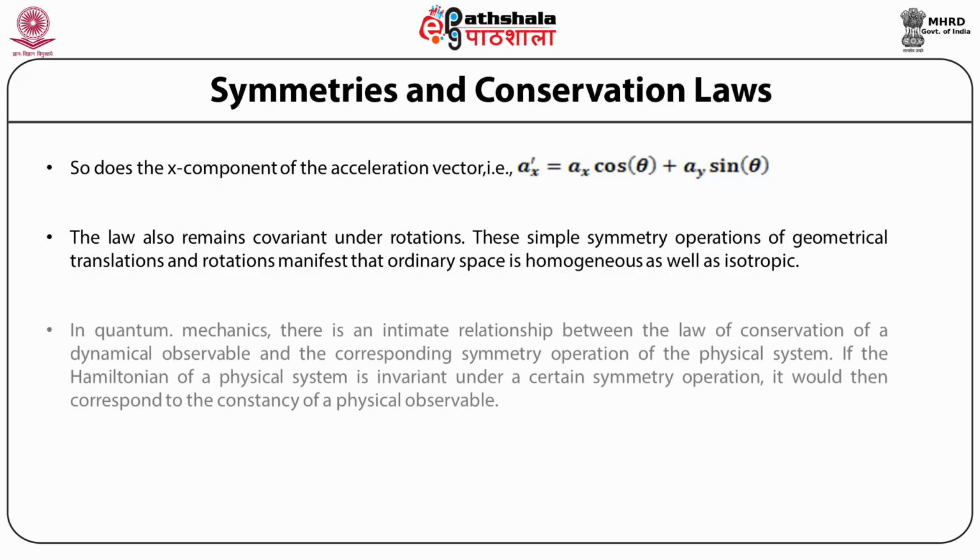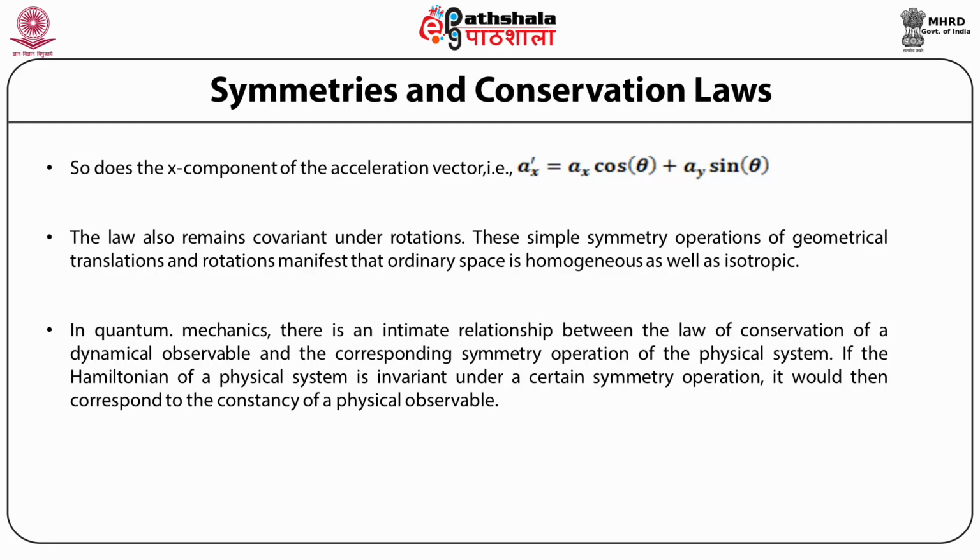Further, in quantum mechanics, there is an intimate relationship between the law of conservation of a dynamical observable and the corresponding symmetry operation of the physical system. What this means is that whenever we have a symmetry operation in a physical system, we can always see that this supports some kind of a law of conservation of a dynamical observable.